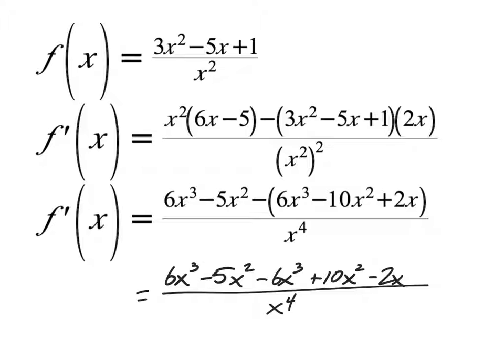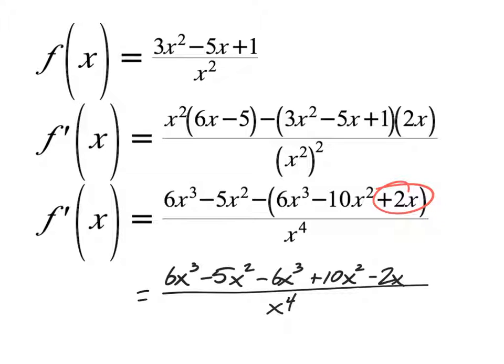Now some of you, it would be a great idea to show what it would look like only if I distribute in that minus. Others of you are going to say, okay, now I'm going to be doing 6x cubed minus the 6x cubed, and you're just seeing that minus being applied there. And then when I do the negative 5x squared, I'm doing minus the negative 10x squared, so that's going to give me a positive, and then it's going to be subtracting the 2x.